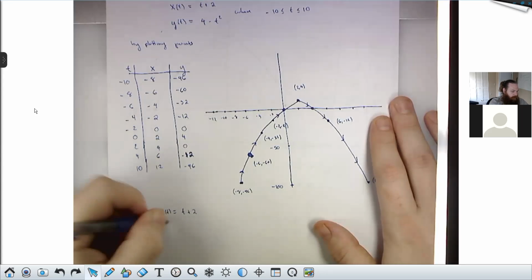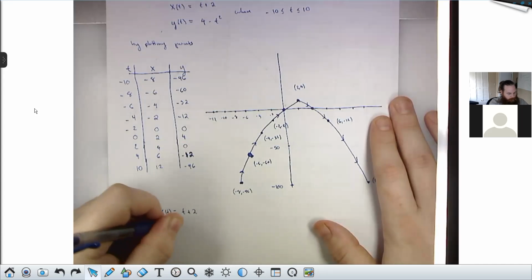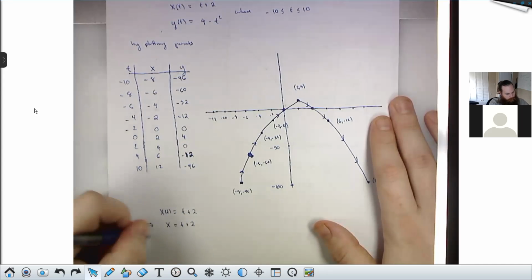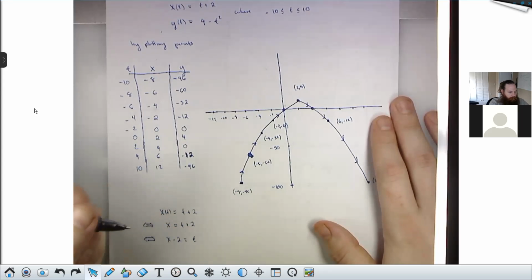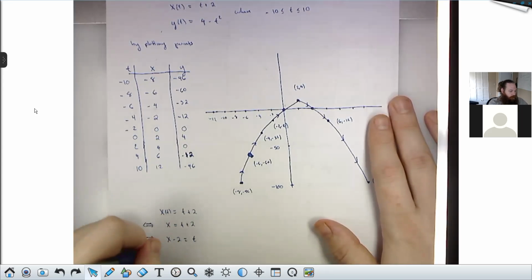I can stop writing the of t. I'll just write it as x equals t plus 2, which is the same as saying x minus 2 equals t. And now plug this into y.